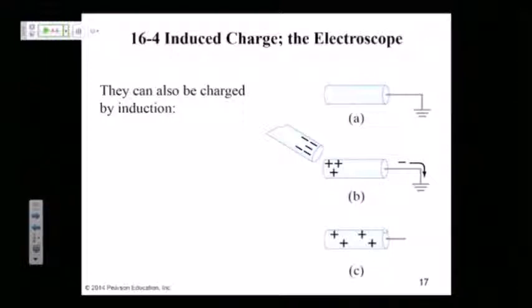So negative charges will fly away to that ocean, to Earth, and then if you disconnect this connection with Earth, you end up with these positive charges. They will redistribute themselves because of mutual repulsion, and now you end up with a positively charged object. We call this charging by induction.